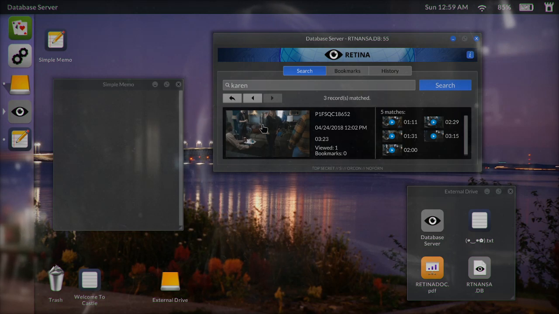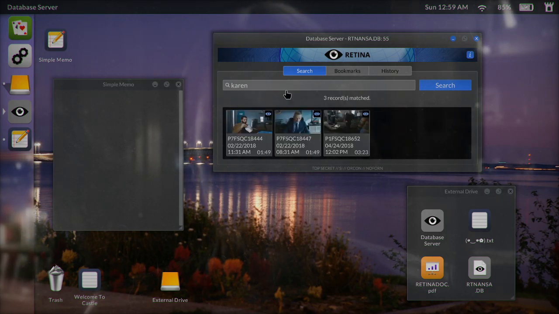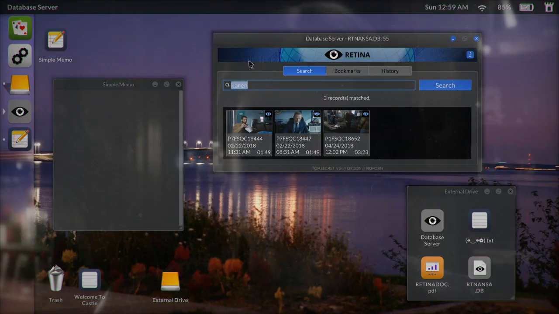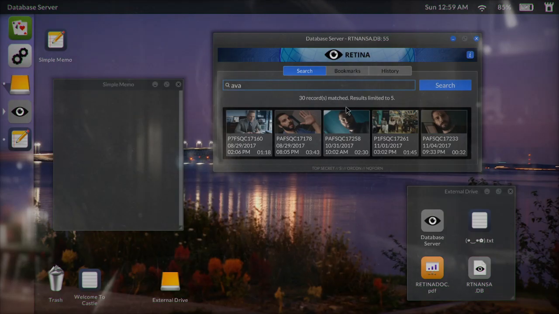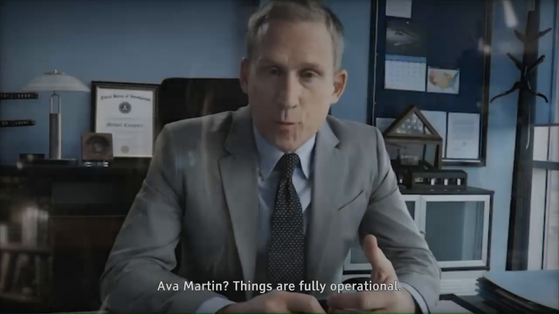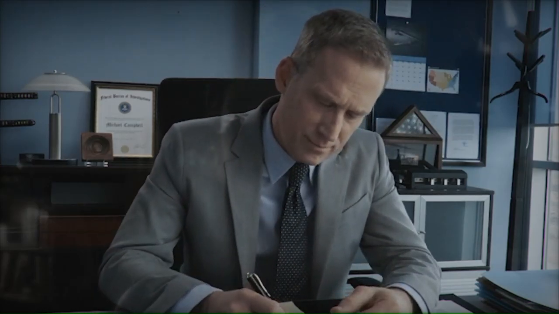So, not sure Ava is FBI. Ava Martin, things are fully operational. Ava Martin. Oh, she is. She has a nice smile.